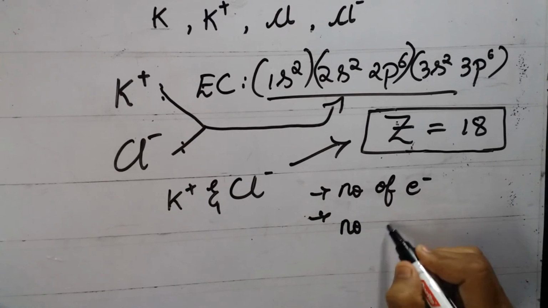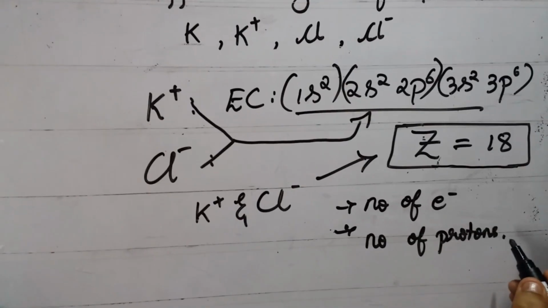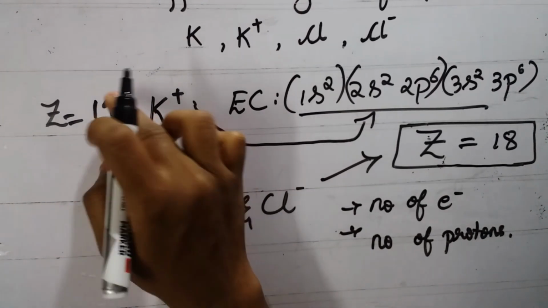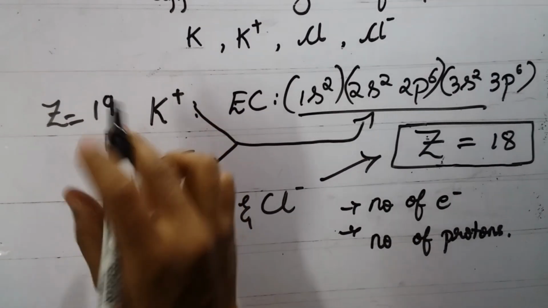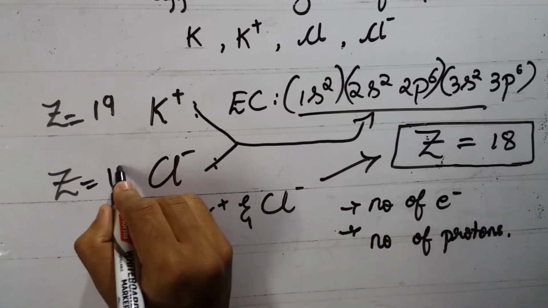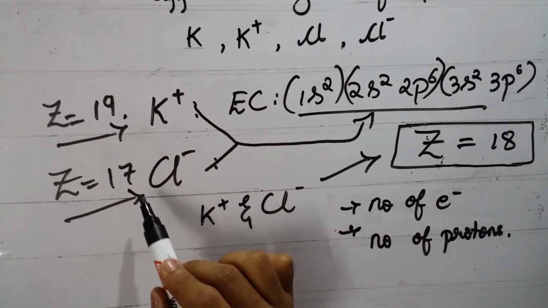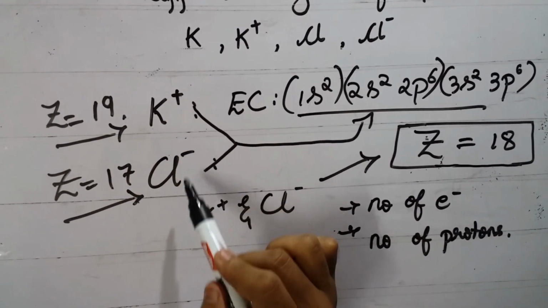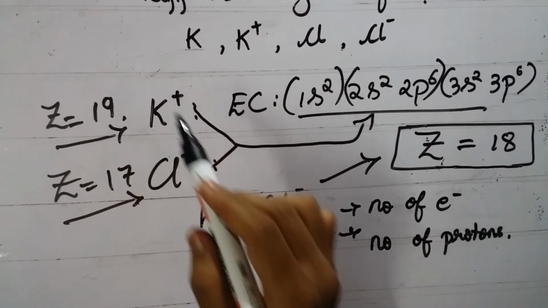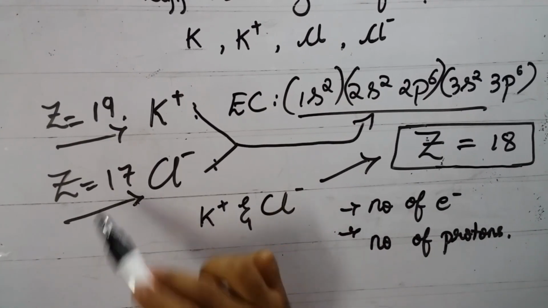Now, the number of protons present. As we know, the Z value of potassium is 19, whereas the Z value of chlorine is 17. Here we are just removing one electron and adding one electron in K plus and Cl minus. But the total number of protons in K plus is 19, whereas the total number of protons in Cl minus is 17.